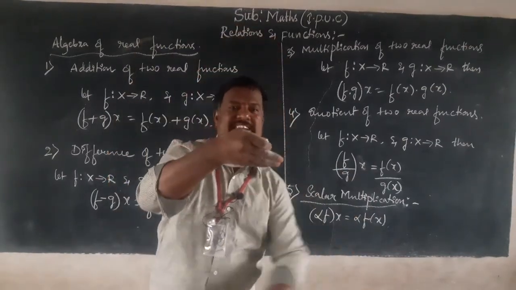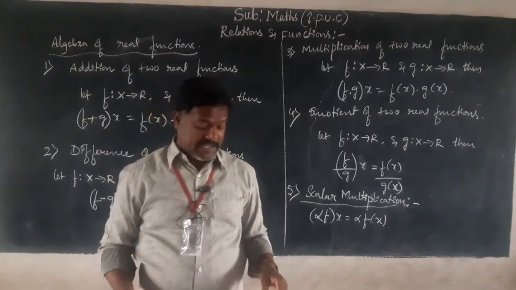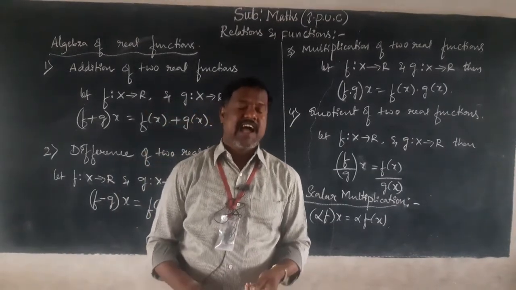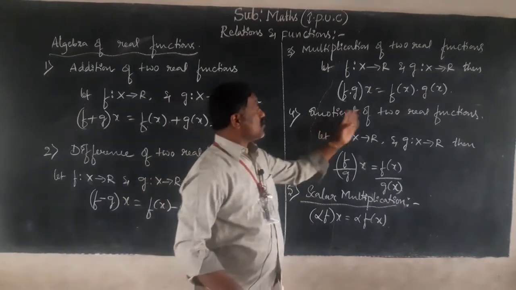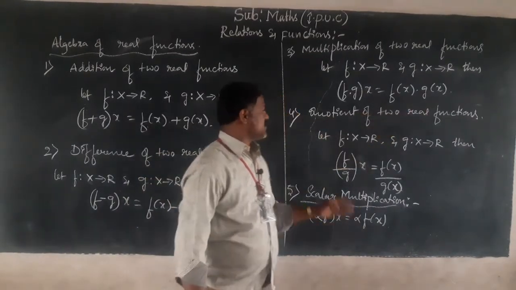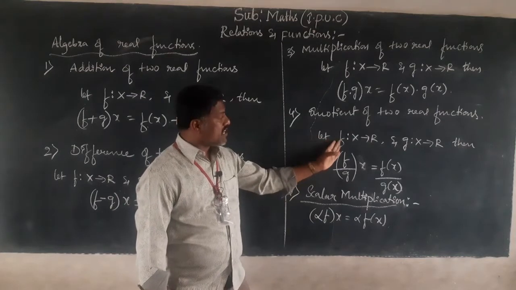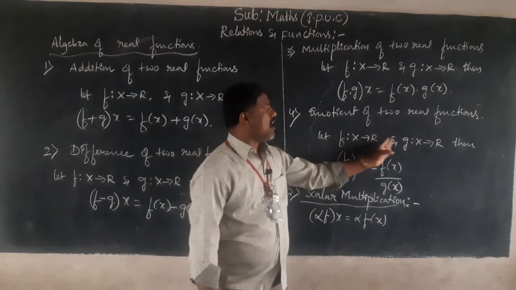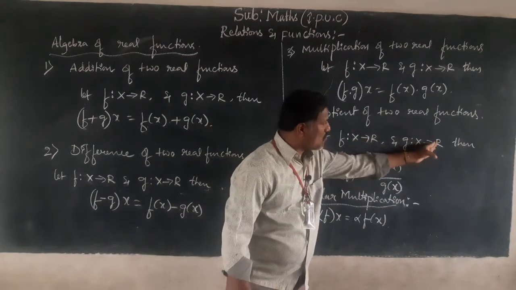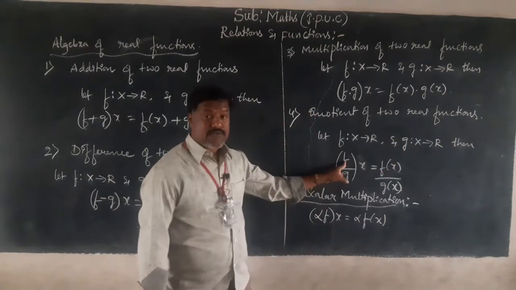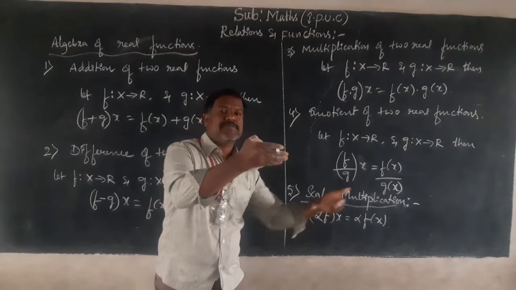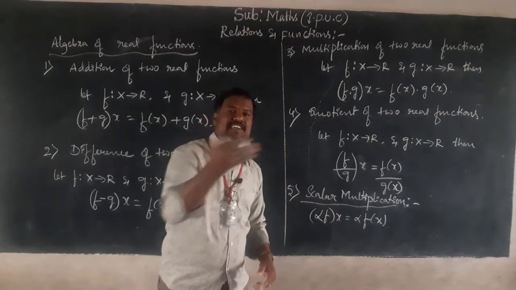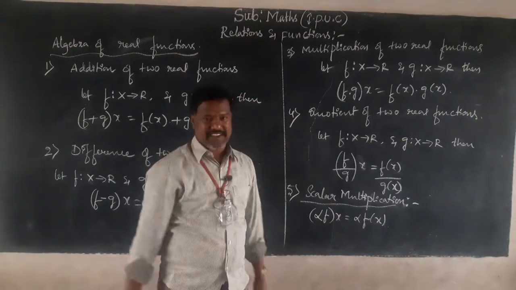The numerator is f of x and the denominator is g of x.